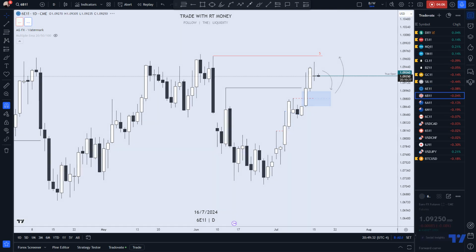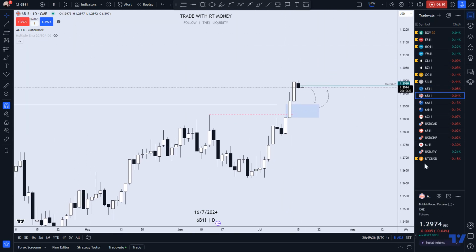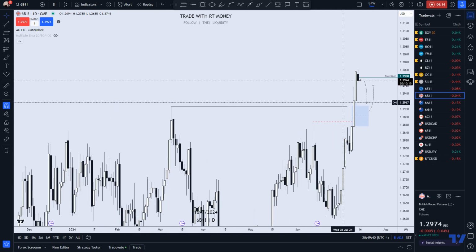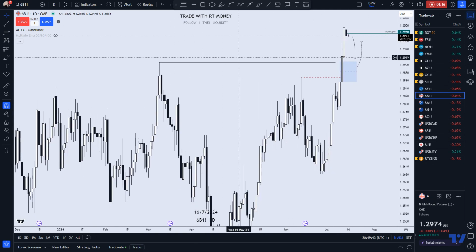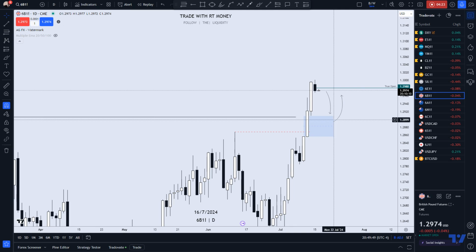Very similar situation with the British pound. You see that we have broken a major swing high. This is external liquidity again. And where's the internal? Right here. I'm looking for price to push down and then push up from there.